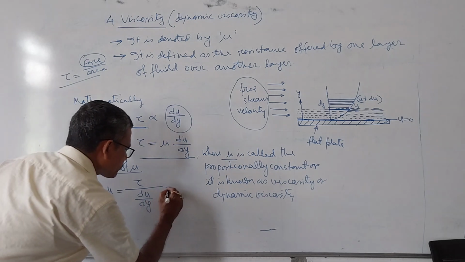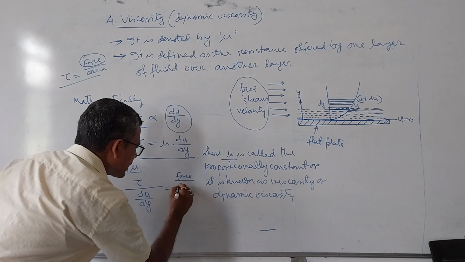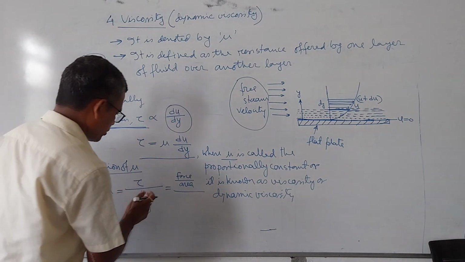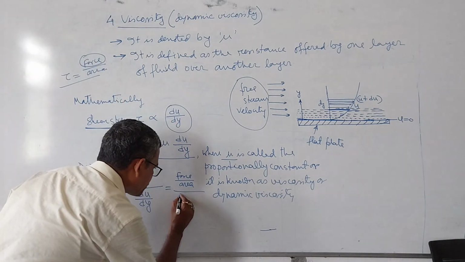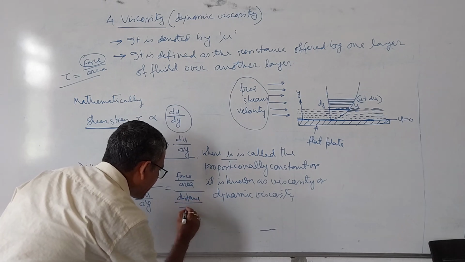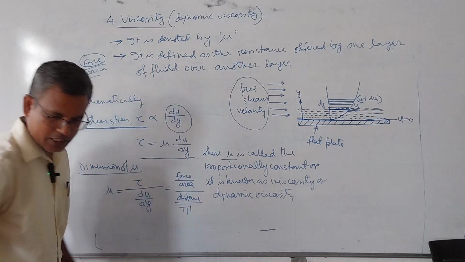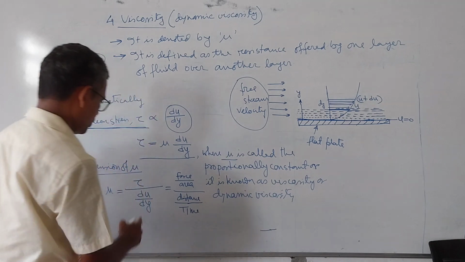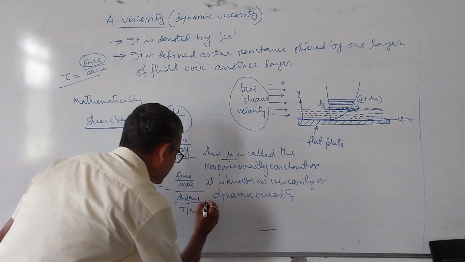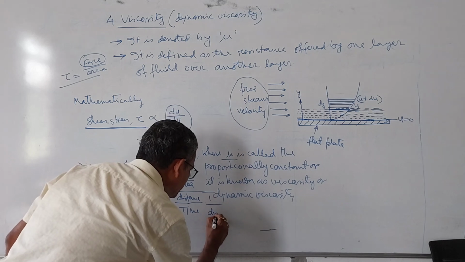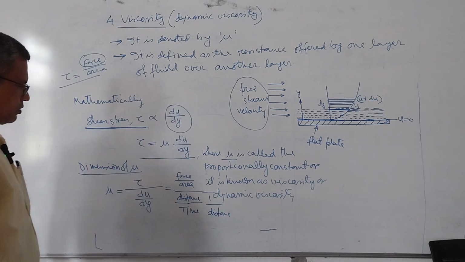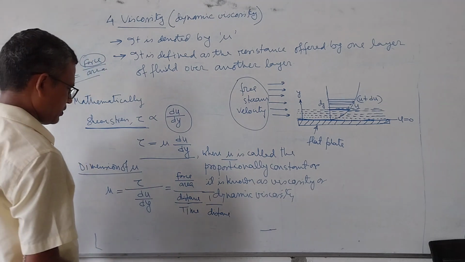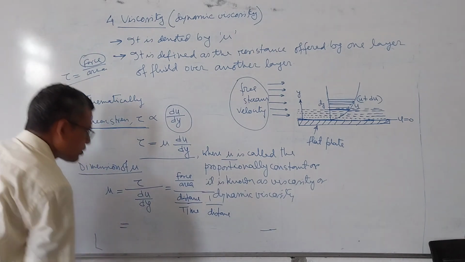Shear stress is force per unit area, and u is the velocity, so the dimension of velocity is distance by time, and dy is distance. So ultimately, what will be the unit?